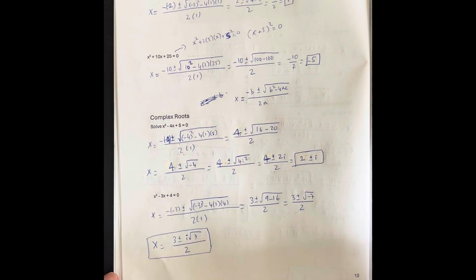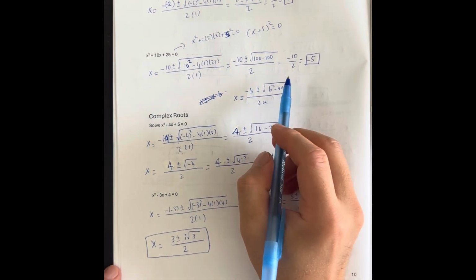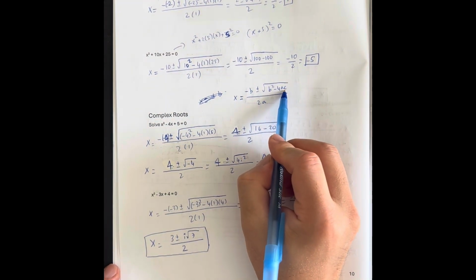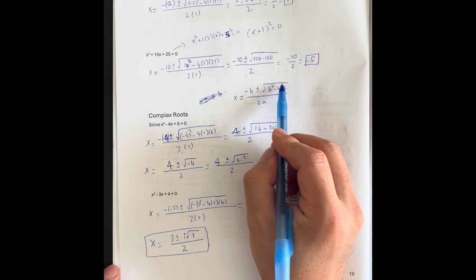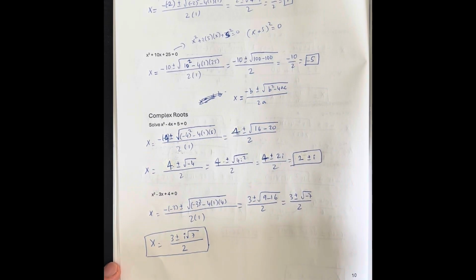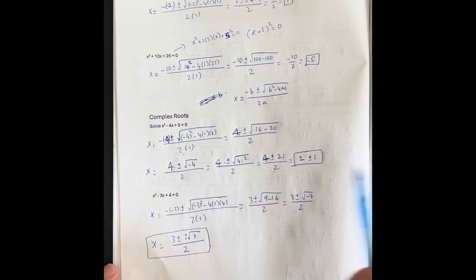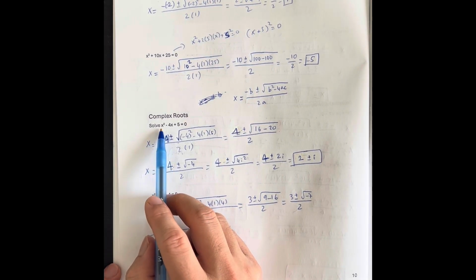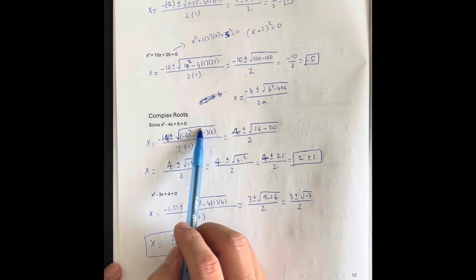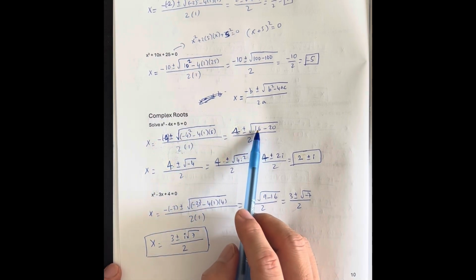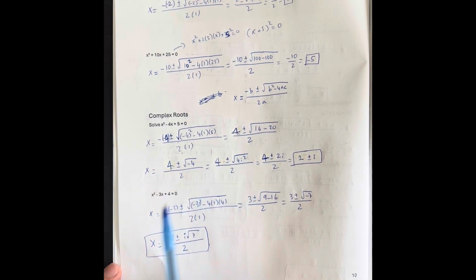It's also possible to have complex roots. If the b squared minus 4ac term is negative, then we have a square root of a negative number, so we would have a complex root. For example, in this case, x squared minus 4x plus 5. The inside of the square root ends up being 16 minus 20, so that's negative 4.